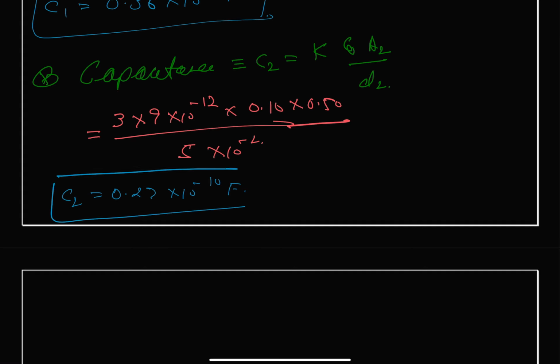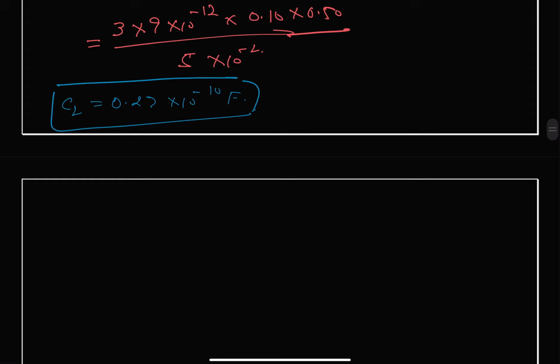Now we can find out the equivalent capacitance. Equivalent capacitance C will be equal to C1 plus C2.